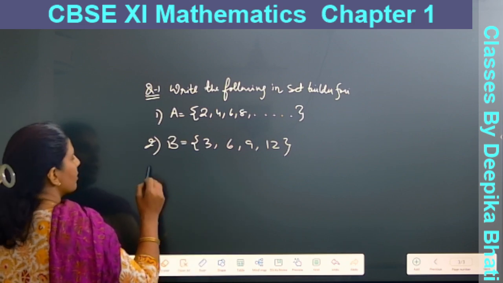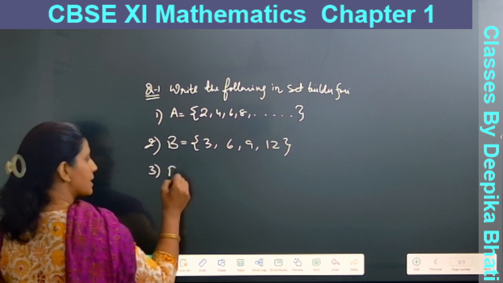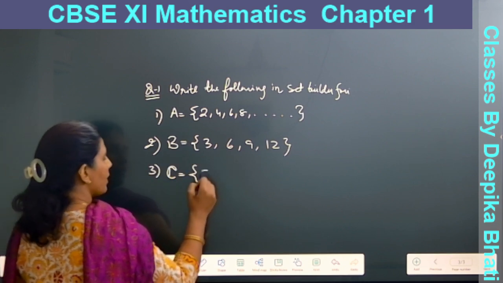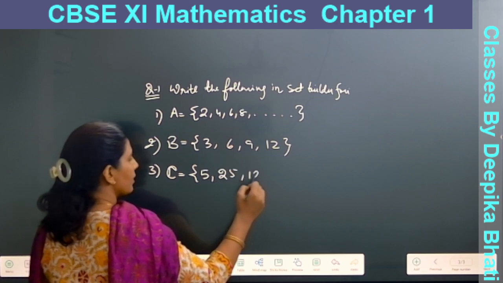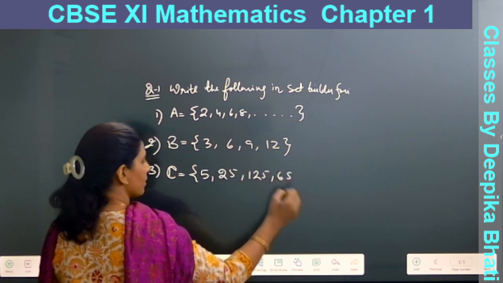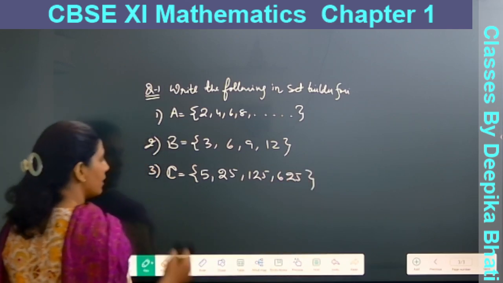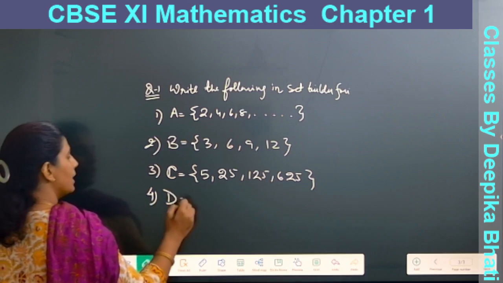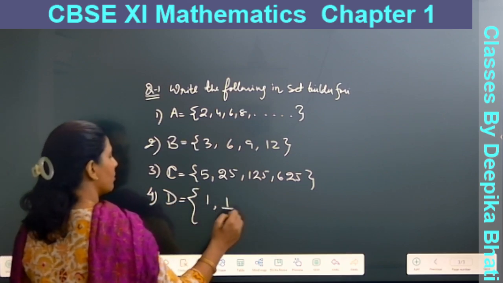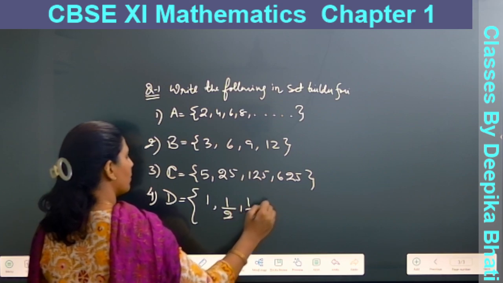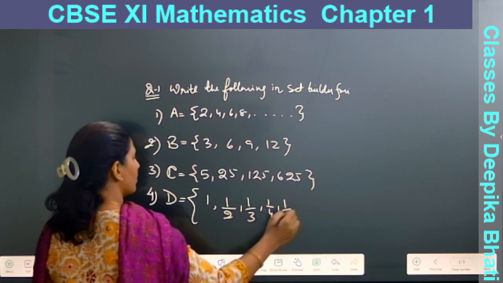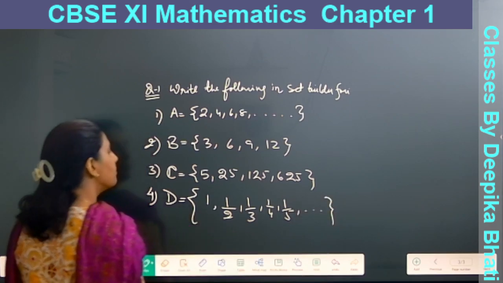Then we have a third set, C: 5, 25, 125, 625, and so on. Fourth one is D: 1, 1 by 2, 1 by 3, 1 by 4, 1 by 5 in this way.